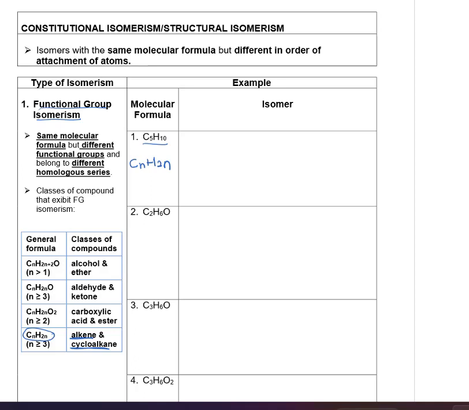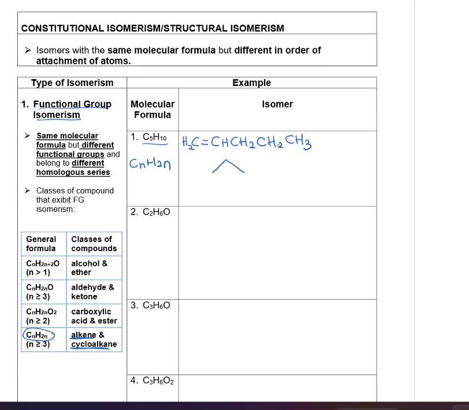For example, if I draw an alkene, the alkene functional group is the carbon-carbon double bond. Here I have 5 carbon and 10 hydrogen.